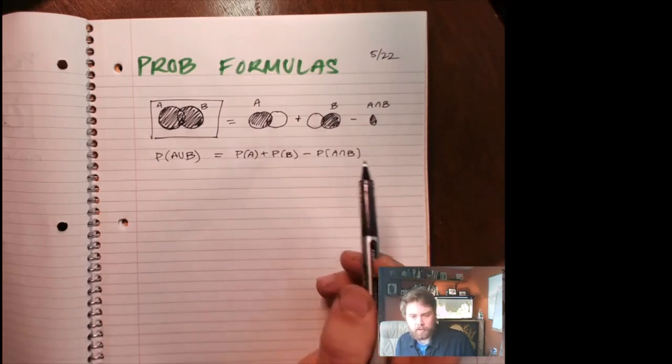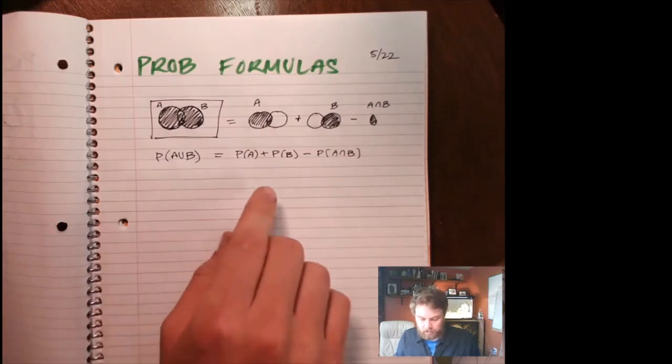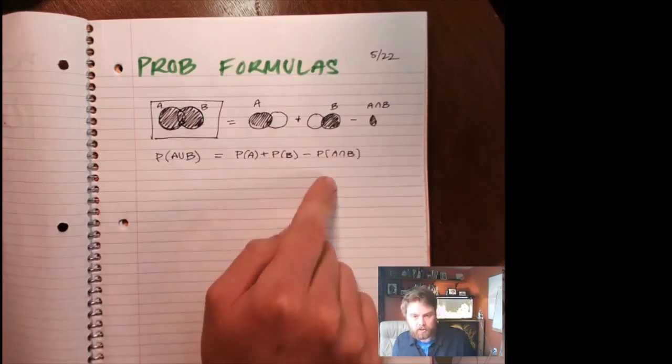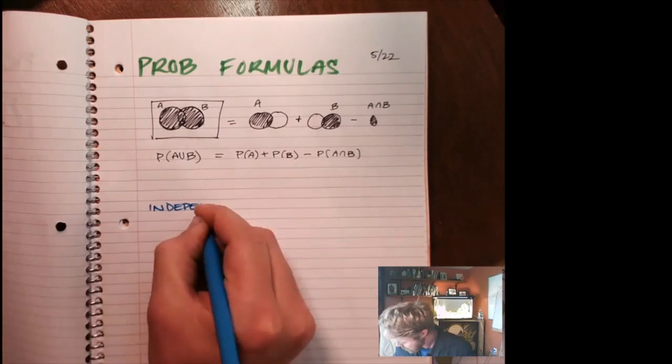And then we have a second category called dependent, and that's a different category. So I'm going to wait to discuss that. Let's talk about how you would calculate the probability of the intersection of two events, A and B, if things are independent. So let's write that one down first.